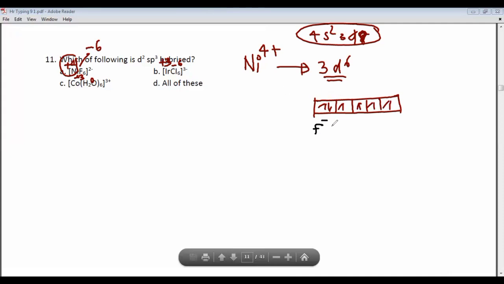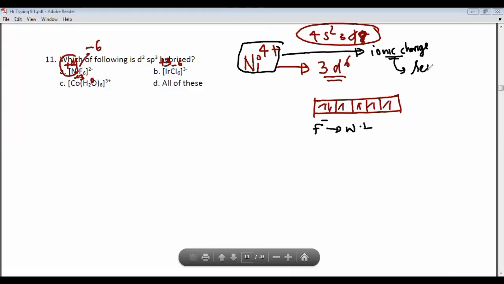F minus is a weak ligand. That's perfect. But since the central metal has greater ionic charge, what happens? Greater will be the repulsion. Greater will be the delta O.